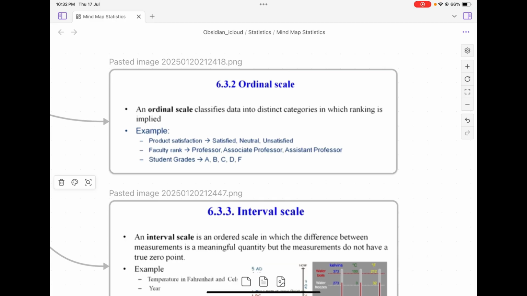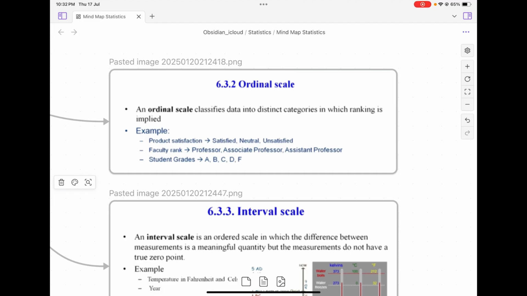You can rank it as satisfied, neutral, unsatisfied, etc. So there is some kind of ranking. Satisfied comes at the top, neutral in the middle, and unsatisfied at the bottom. You can give some numbers also, 3 to 1. This is ordinal data because there is a kind of ranking between them.